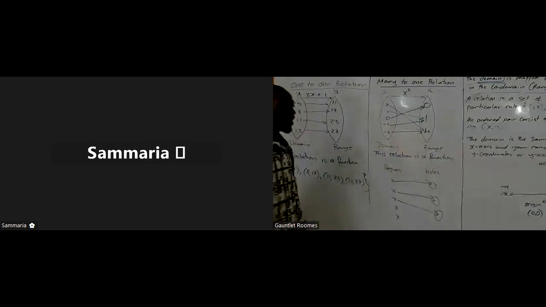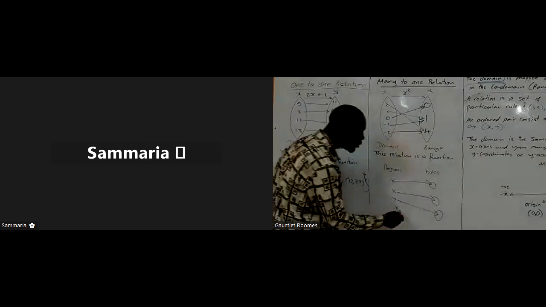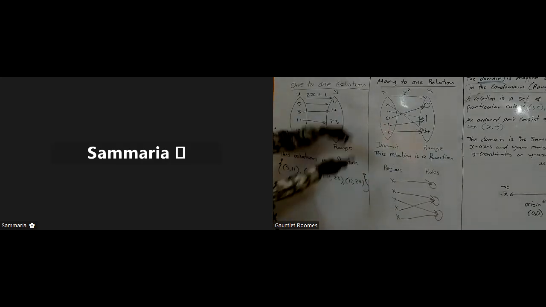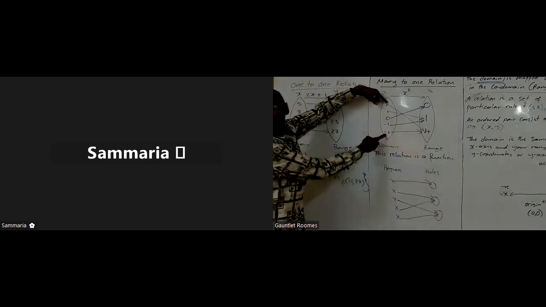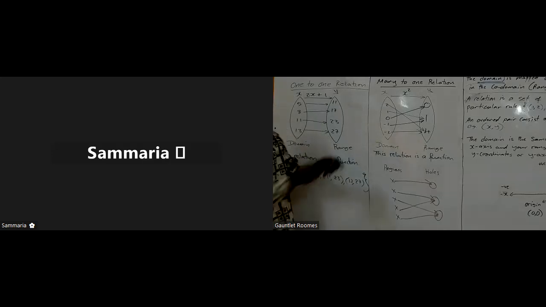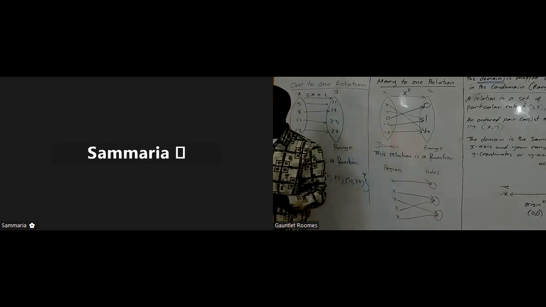Do we have another empty hole? No. So these two pigeons are just going to fly into a hole because they too want to go into a hole. But the fact is that each pigeon flies into a hole. That's the principle. So even though this and this map onto the same element, it does not change the fact that each element over here still maps onto one element in the range.